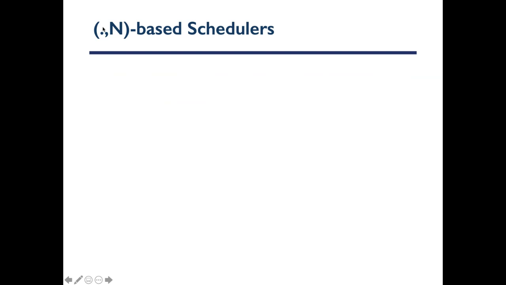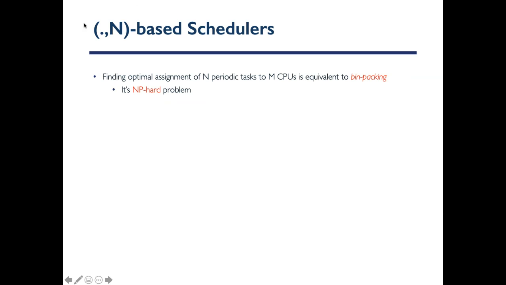So no migration, now it doesn't really matter what the first element is, static, dynamic, or fully dynamic. What can we say about these? So first of all, no migration means that you have to partition your tasks. And finding the optimal partitioning is an NP-hard problem.